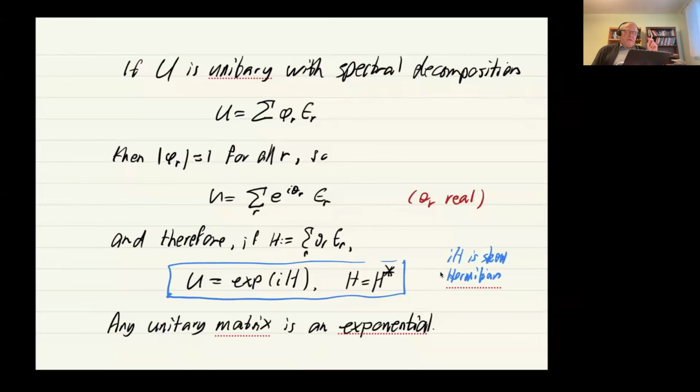So this is one reason why the exponential matrices are so important in quantum physics, because your operations in quantum physics, well, they're either measurements or they're applying unitaries, and unitaries are all those exponentials. And in this context, H will often be called the Hamiltonian.